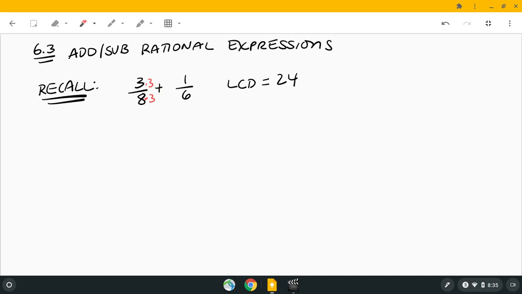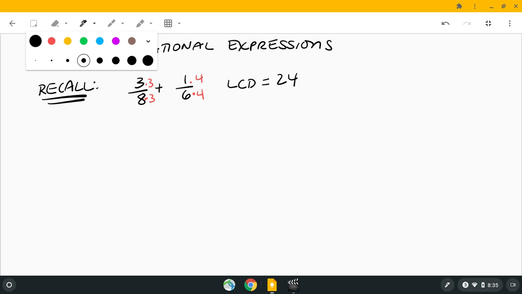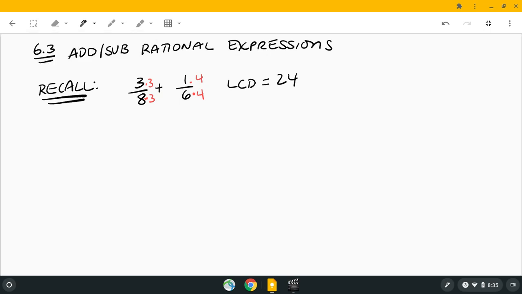And then over here, the 6, in order to turn that denominator into a 24, you would need to multiply by 1 written in the form of 4 over 4. Okay? And when you do that, you end up with an equivalent fraction, 9 over 24, which if you reduce that, reduces to 3 over 8.